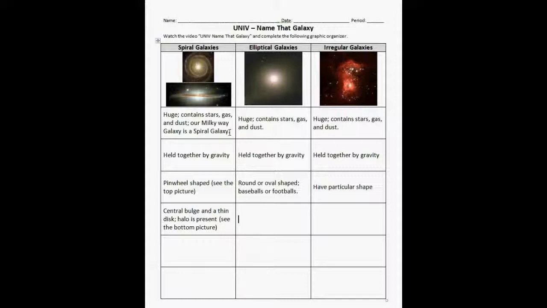An elliptical galaxy also has a central bulge, but no disk. It also has a halo.